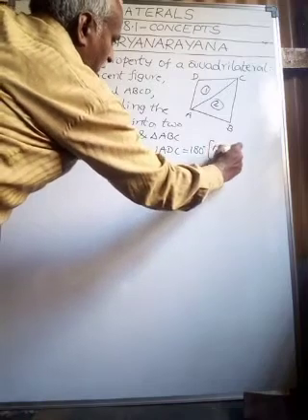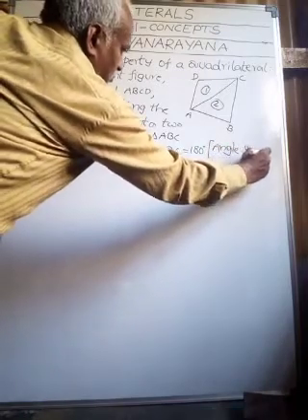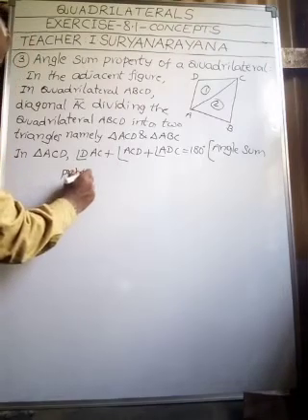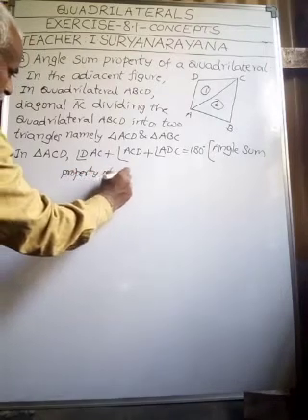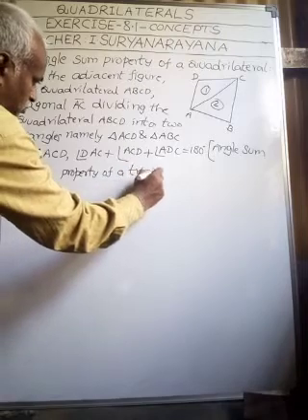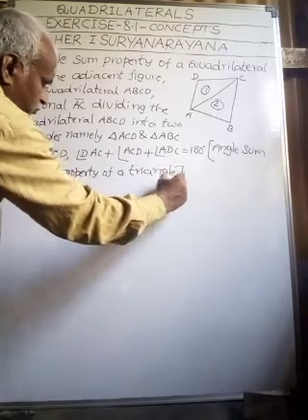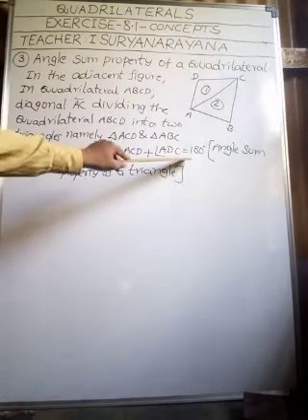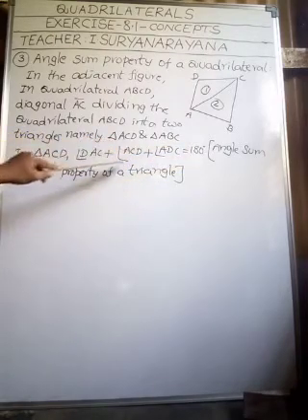This is the angle sum property. By using this angle sum property of a triangle, we wrote this step. Okay, my children, understood this step?